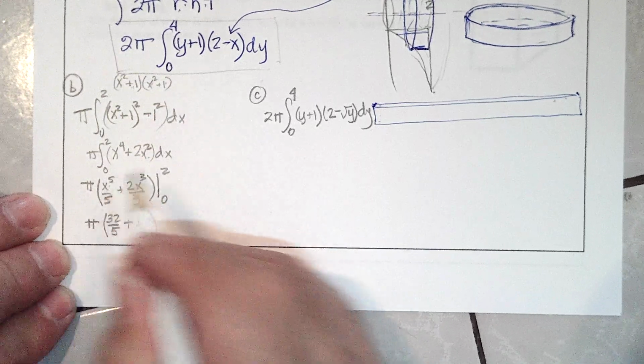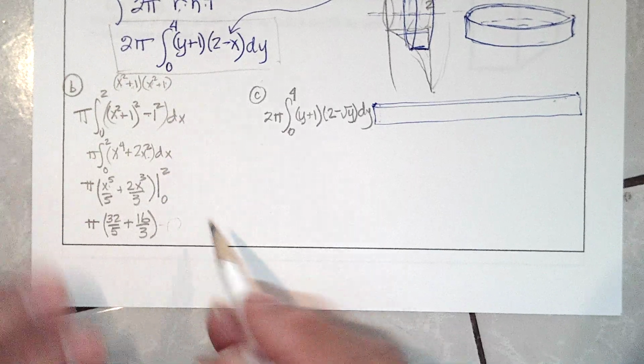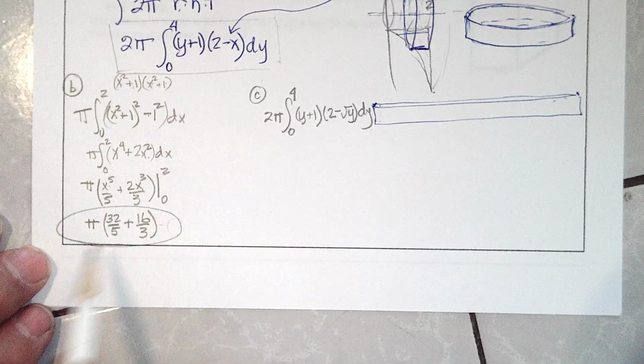Put in zeros, I get minus nothing, and also times pi, but that's going to disappear, so there's an answer.